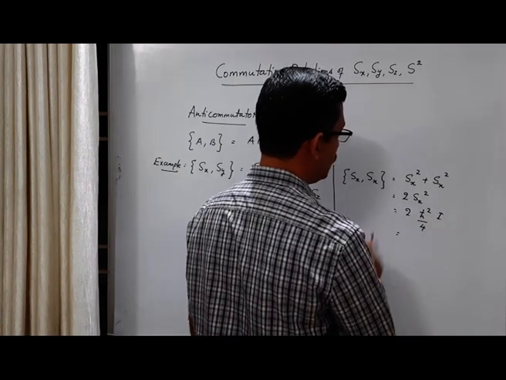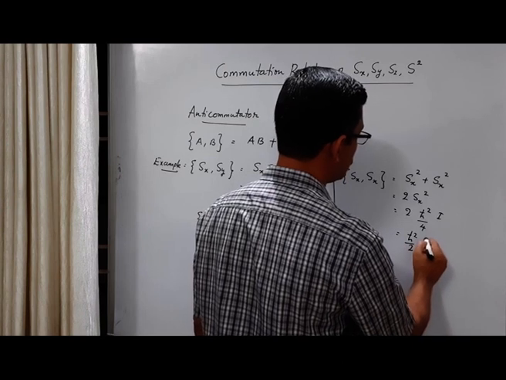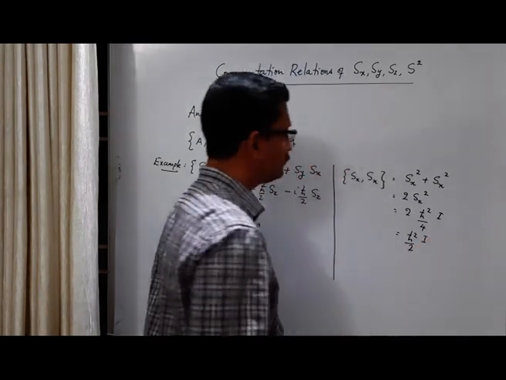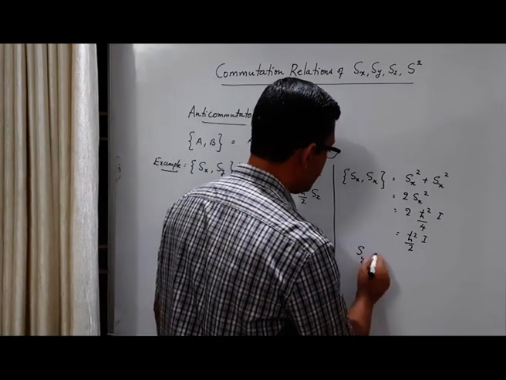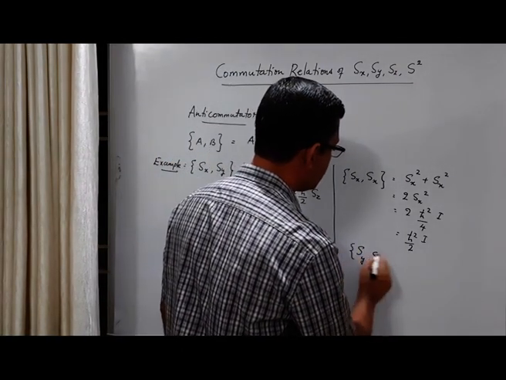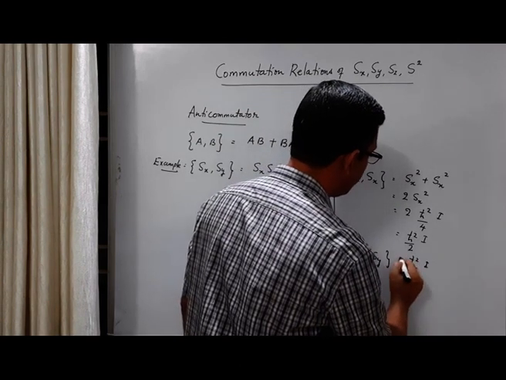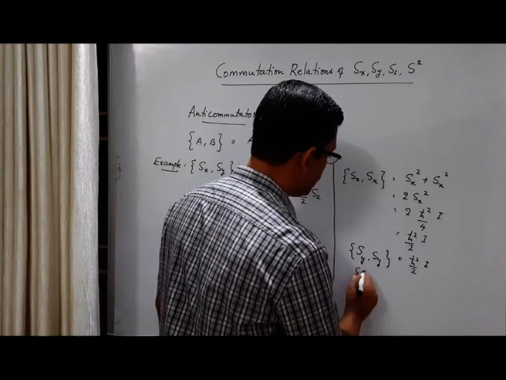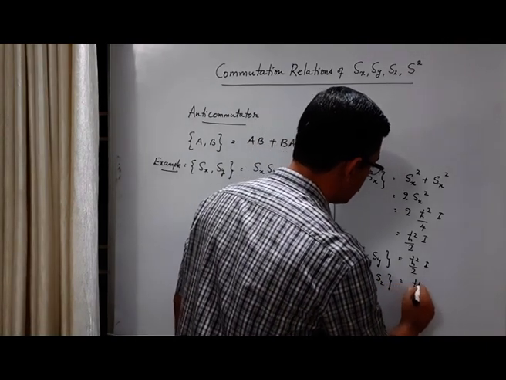Okay, so if you multiply with 2, what you get is h cross square by 2 times identity. Similarly, you can show that Sy anti-commutator Sy with itself is h cross square by 2 times identity, and anti-commutator of Sz with itself is h cross square by 2 times identity.